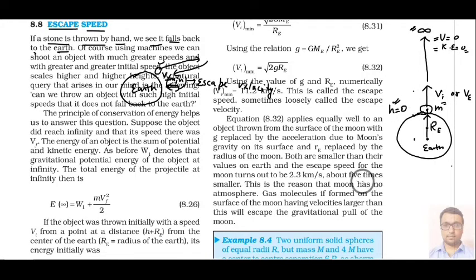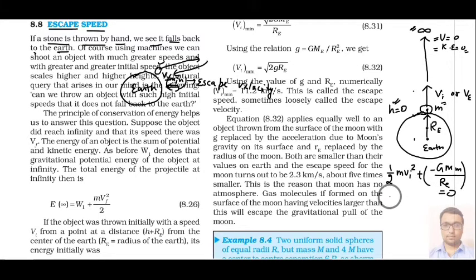So by conservation of energy we can say that initial kinetic energy, half m vi square, plus initial potential energy, that is minus G M m upon Re, plus h also if h is given. Otherwise you can put the value of h equal to 0. The summation of this should be equal to 0.